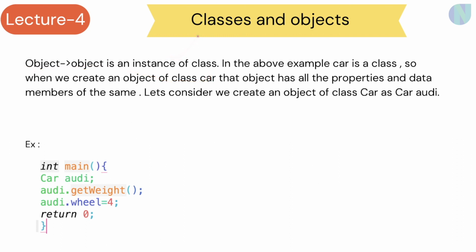As I told you earlier, if there is a class called car, there might be classes like Audi, Hyundai, Maruti, which would be of type car, but they might have some additional features or properties. In the above example, car is a class. When we create an object of the class car, that object has all the properties and data members of the class car.